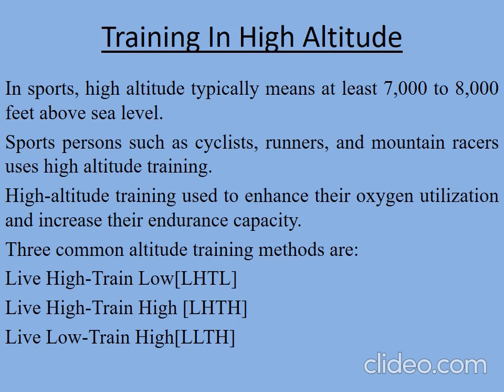They are live high, train low, which is LHTL. The second one is live high, train high, which is LHTH. And the third one is live low, train high, LLTH. Let us see a brief about these altitude training methods in the upcoming slides.